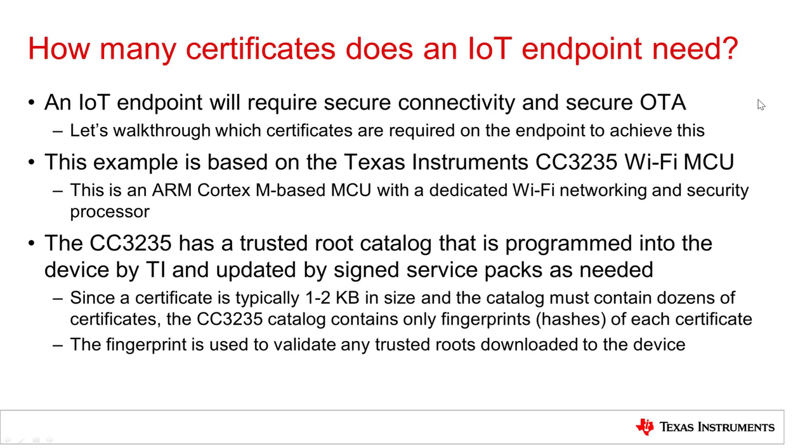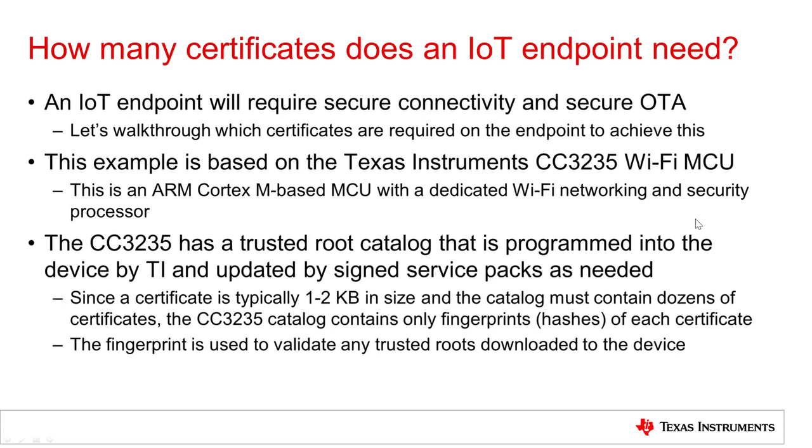It's an ARM Cortex-M based MCU with a dedicated Wi-Fi network and security processor. One important point is that the trusted root catalog that is programmed into the CC3235 only contains hashes of each certificate.